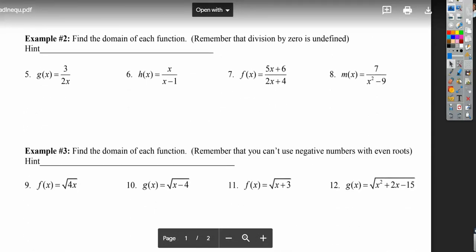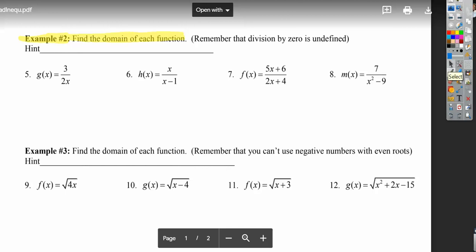Okay, if we go ahead and scroll, let's talk about when I have a rational function. A rational function causes my domain to be a little different, because when I have a rational function, my denominator is not allowed to equal 0. If my denominator equals 0, then I have an undefined expression.